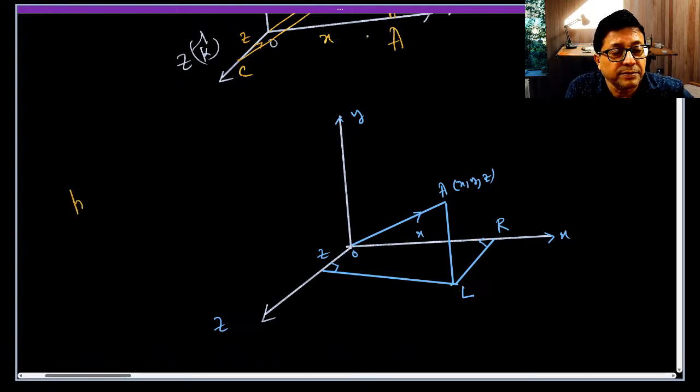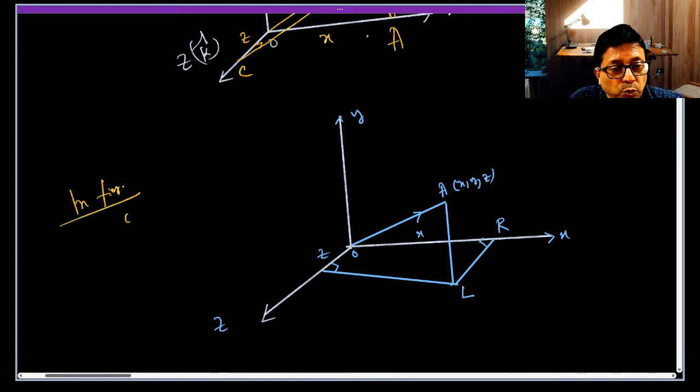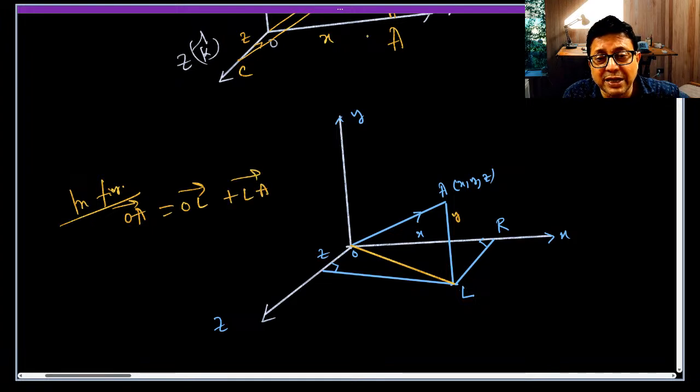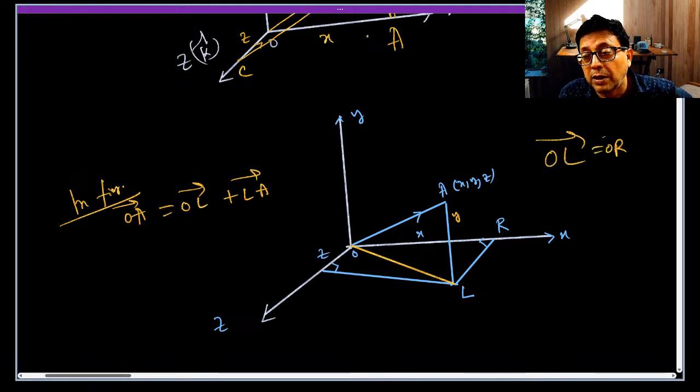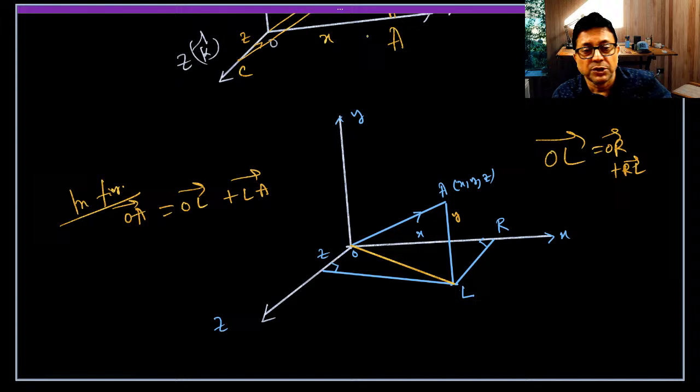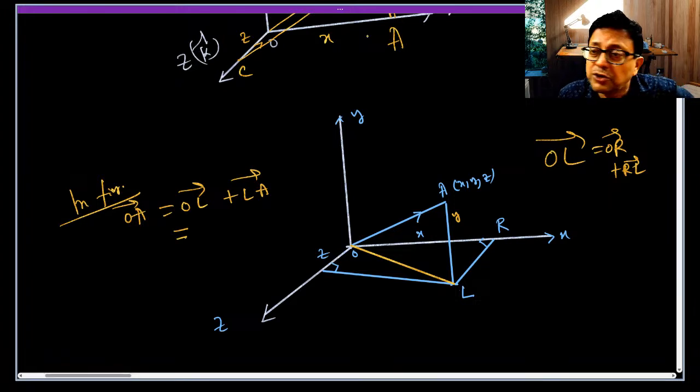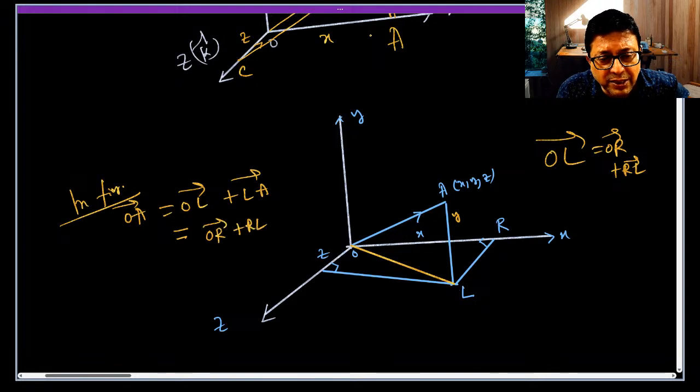In this diagram, what is the OA vector? If you go by the triangle law, complete the triangle. The OA vector is OL plus LA vector. This part is y, it is lying along the y-axis. What is the OL vector? OR plus RL. So this will be OR plus RL plus LA.